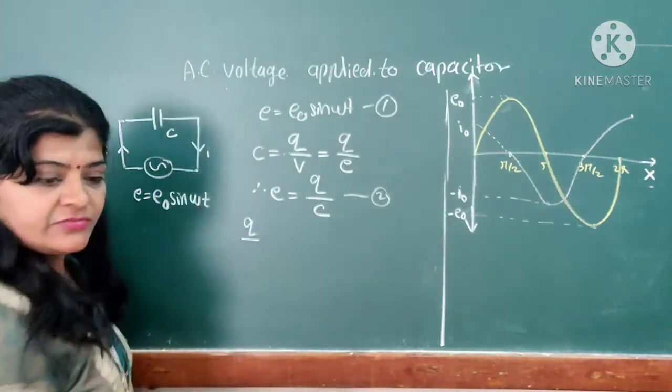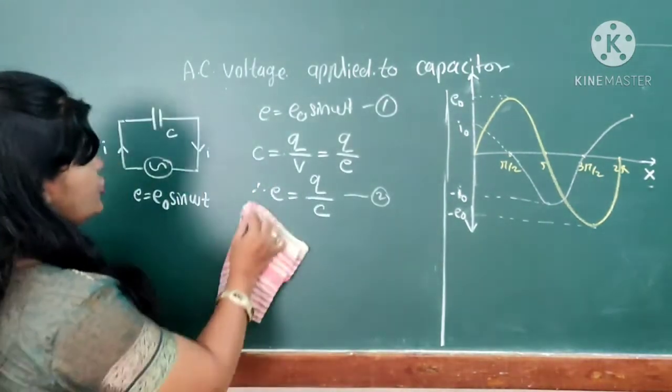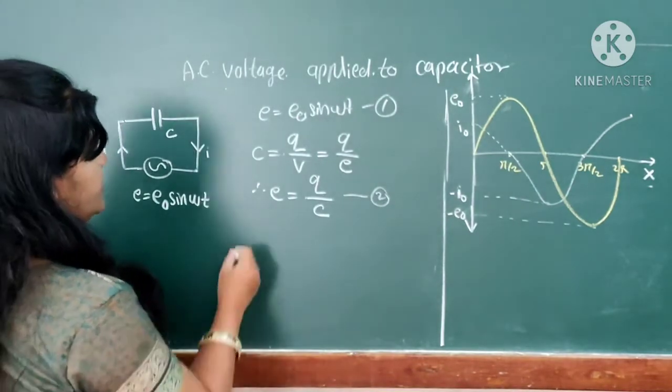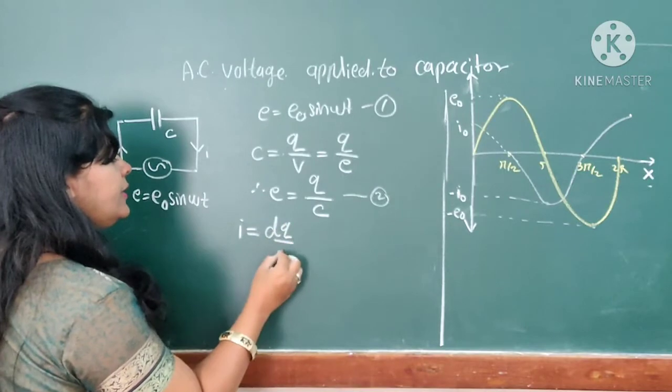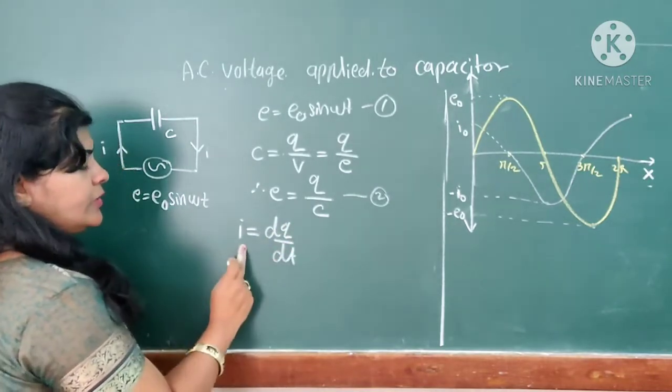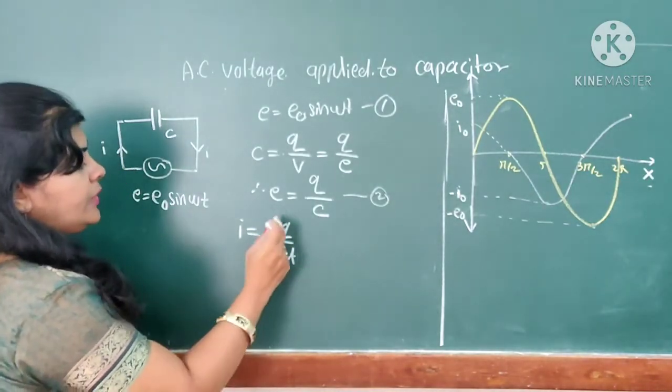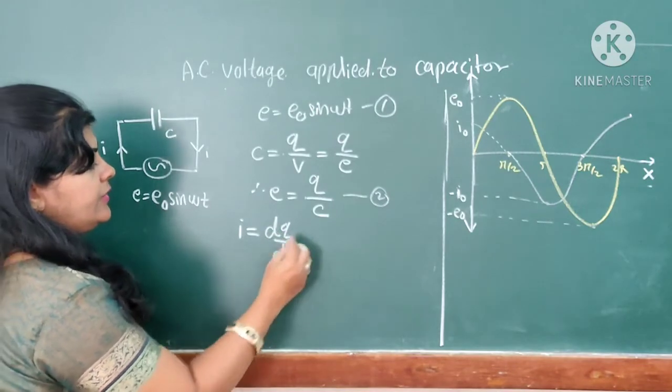Now we come to know that the current I is equal to dQ by dt. What is that? I is equal to dQ by dt.